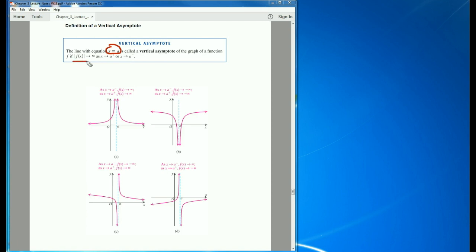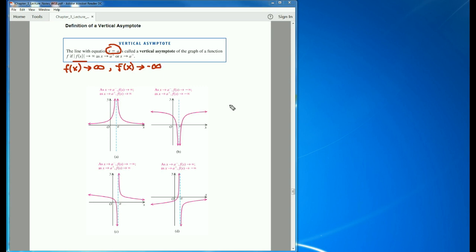What this means is basically the same as saying either f of x approaches infinity or f of x approaches negative infinity. They're just putting it in absolute value bars.